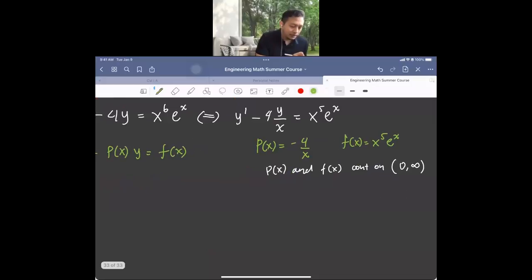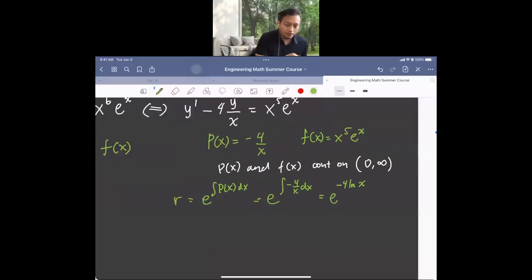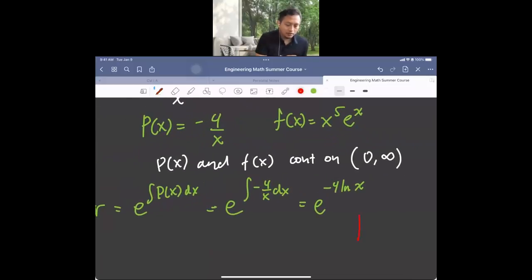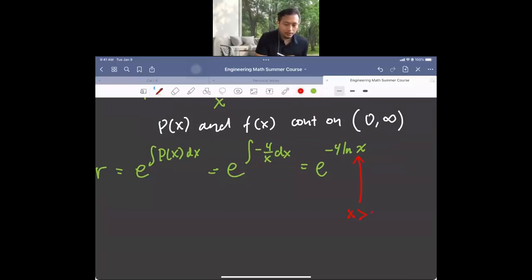Okay, so now if we take the integrating factor, this is the integral of negative 4 over x dx. So negative 4 over x, we can take this as negative 4 ln x. Since x is greater than 0 from the interval, we don't need the absolute value.